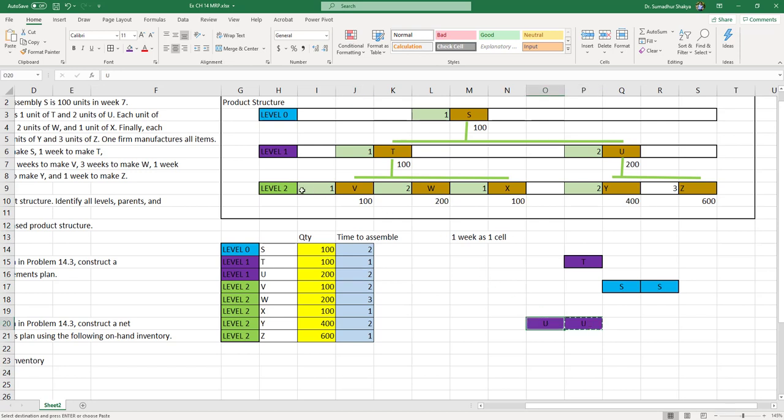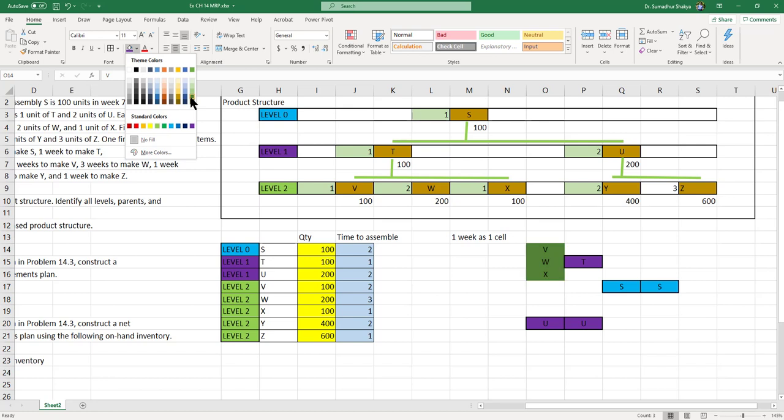Okay, now let's say level 2. For each T, I need V, W, and X. I need V, W, and X. Okay, and they are so colored. V can be done in 2 weeks.